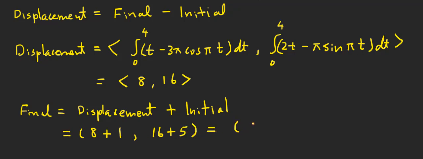So our final position is going to be 9, comma 21. Again, our initial was, when t equals 0, 1, comma 5, and displacement is 8, comma 16. So our final position of the particle is at 9, comma 21 when t equals 4.